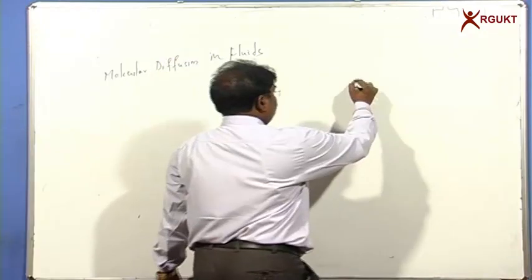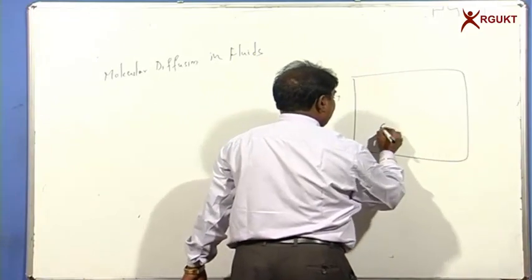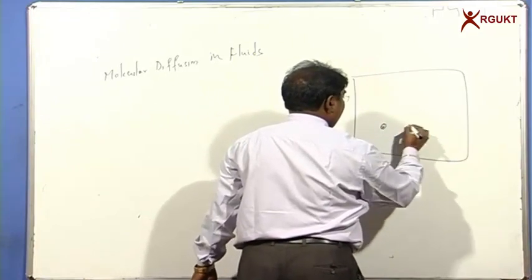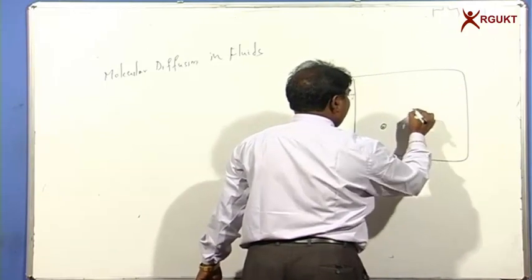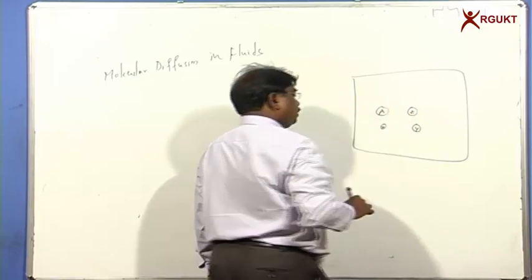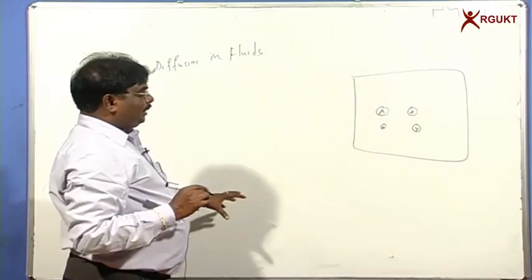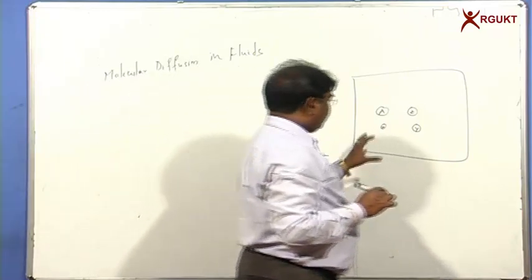Now suppose I assume a vessel. This vessel contains a particular molecule like X, maybe a molecule like Y, maybe a molecule like Z, maybe a molecule like A. Each molecule has some kinetic energy, and this kinetic energy depends on the temperature.